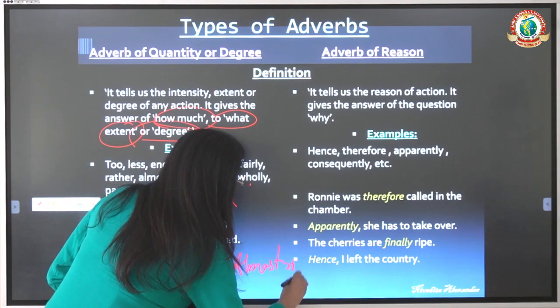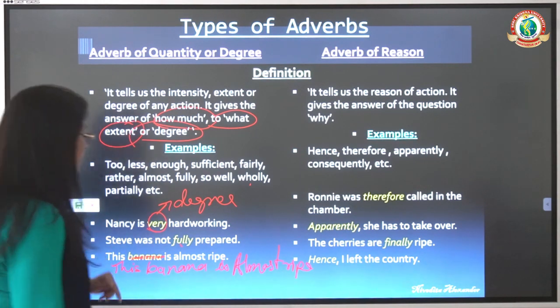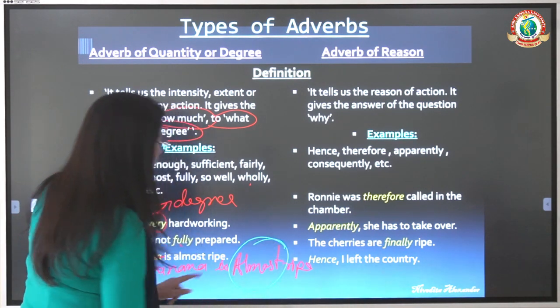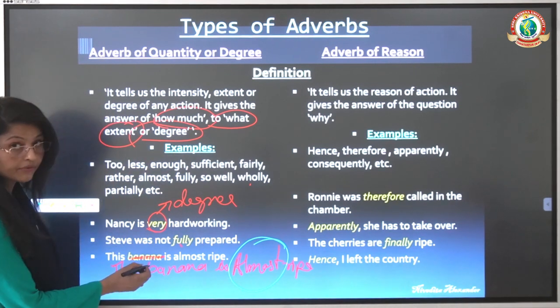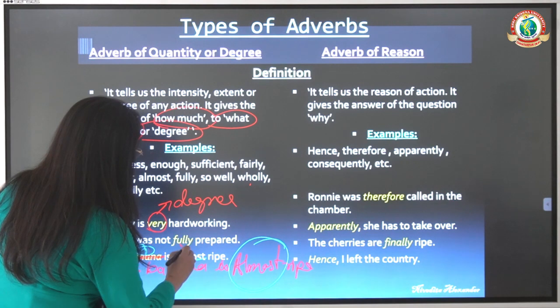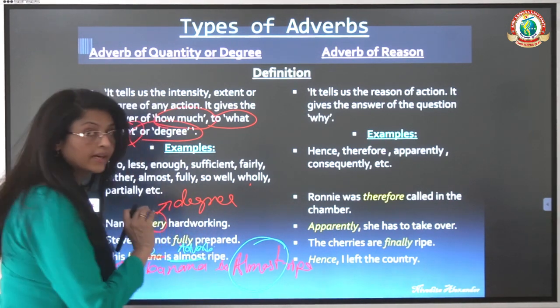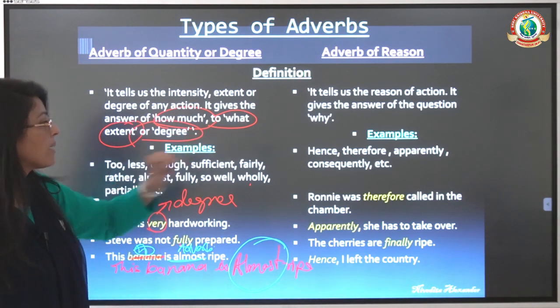Almost ripe. So what is the adverb here? This word almost is an adverb here. Banana is not an adverb. Banana is a noun. Okay? This word almost is an adverb. Clear? Now, coming on to the next type of adverb.